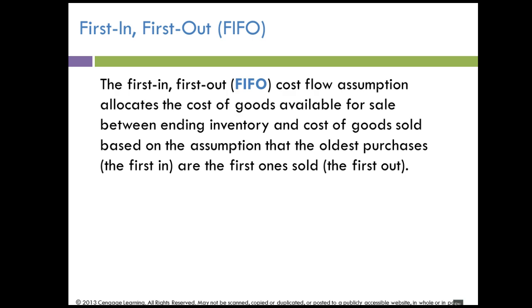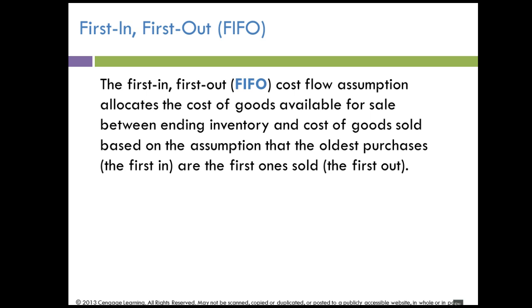As we deal with the method FIFO, the concept here is that the costs are going to flow in the order of first in, first out. So the first items are going to be the first that are sold.